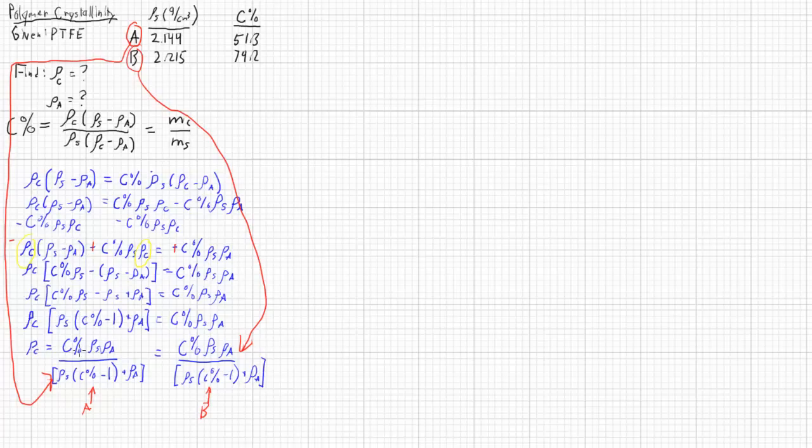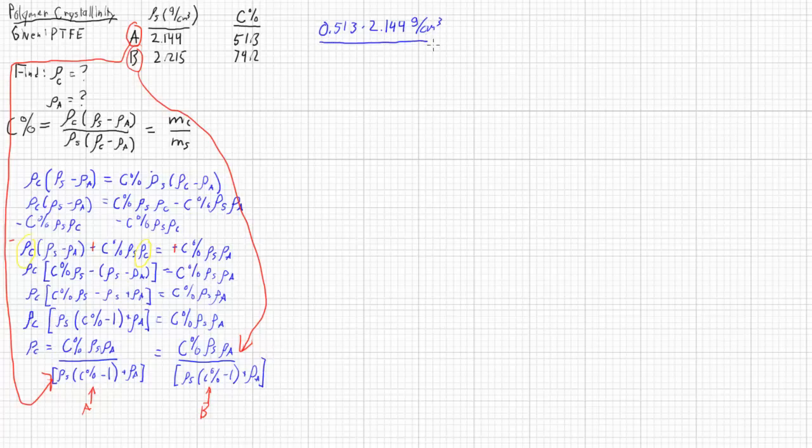So, C%, the crystallinity percent for A is 51.3. I'll just write the decimal in. Multiplied by the density of the sample, which is 2.144 grams per cubic centimeter.